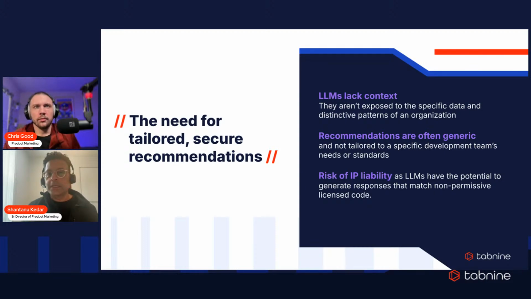Since these LLMs are trained on all the data available on the internet, they do have the potential to produce suggestions that match non-permissive code. If you accept these suggestions accidentally, it introduces copyleft license code in your code base and leads to IP infringement. Engineering leaders often ask themselves, are we using AI to accelerate our software development by producing high quality and more secure code, or are we just creating more technical debt with AI?